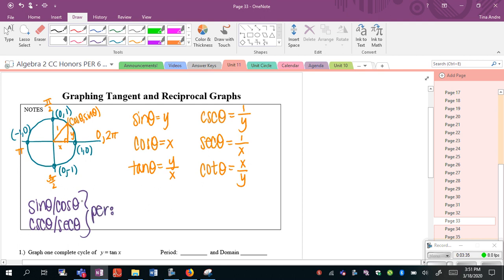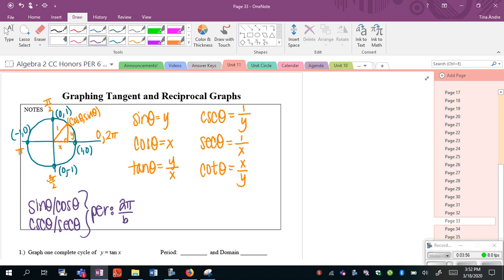If there's a b value in front, it would be 2 pi divided by b. The most important thing to remember is that sine, cosine, and their reciprocals don't repeat until we've had a length of 2 pi, without a shift and with a b value of just 1.